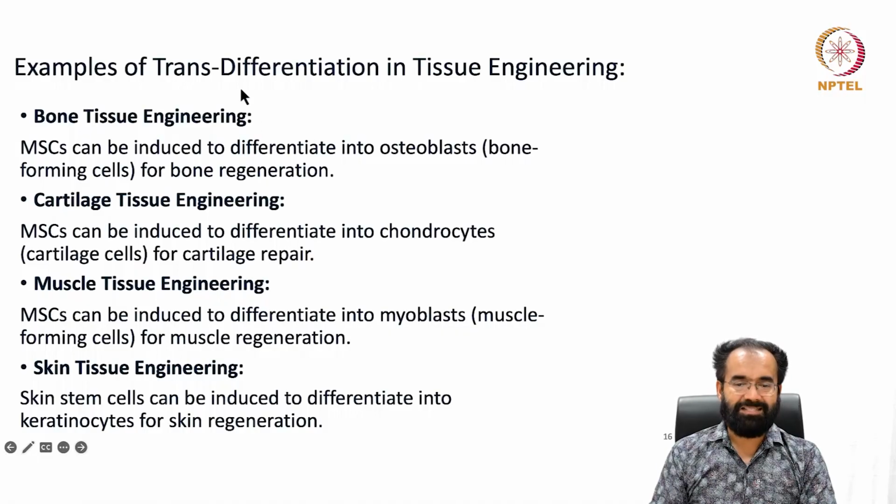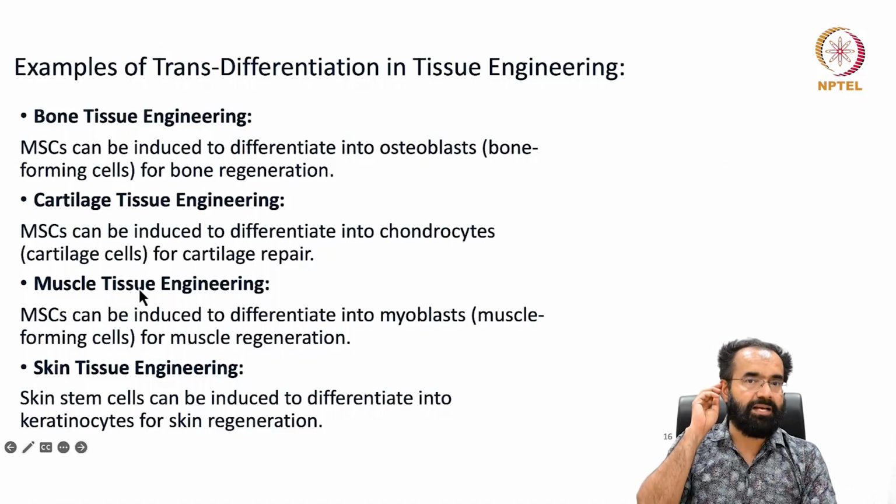So let us see some examples of trans-differentiation in tissue engineering. Bone tissue engineering: MSCs can be induced to differentiate into osteoblasts, that is bone forming cells, for bone regeneration. Cartilage tissue engineering: MSCs can be induced to differentiate into chondrocytes, that is cartilage cells, for cartilage repair.